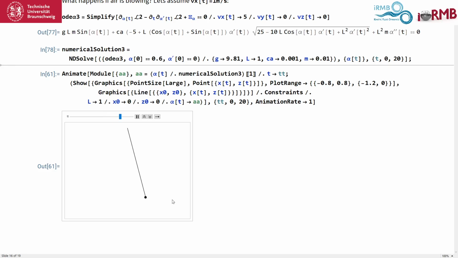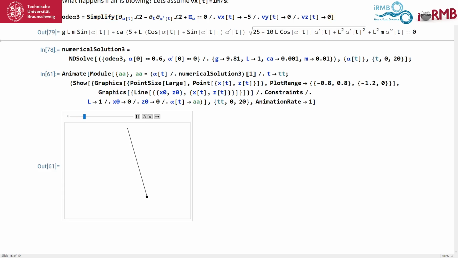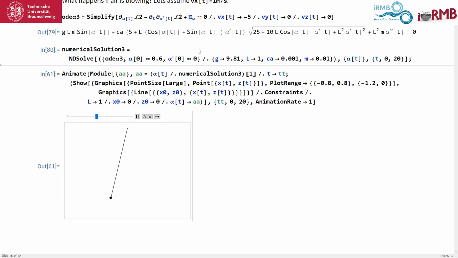I'm wondering whether this is dependent on where it started from. Let's have the wind in the opposite direction. Not so much different.